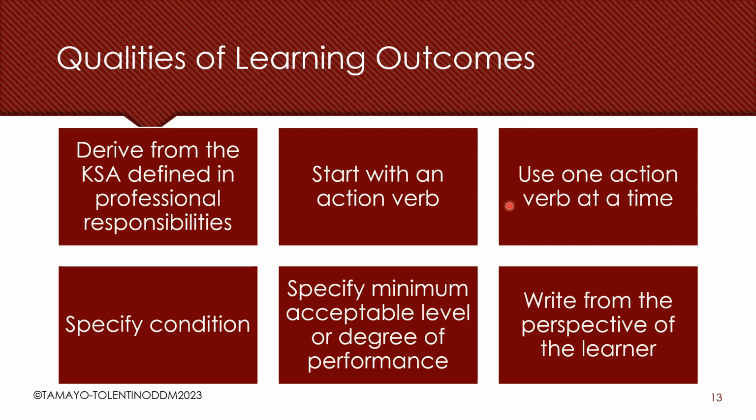One action verb should be used at a time so that the outcomes are not vague. Condition and the minimum acceptable level or degree of performance should be stated in learning outcomes, and they should aim for or target higher level abilities. And lastly, learning outcomes should be written from the perspective of the learner.